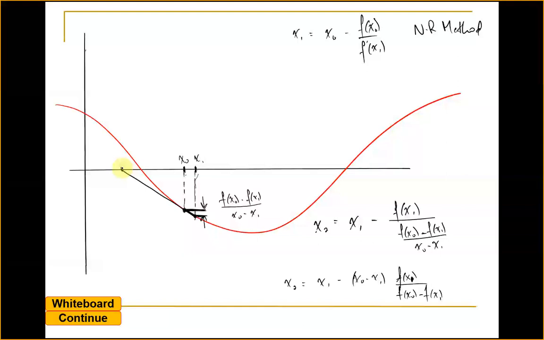Okay, and now that we are here, this becomes the x. This is x2, and this is the value here. Sorry, the value here. This would be f at x2.